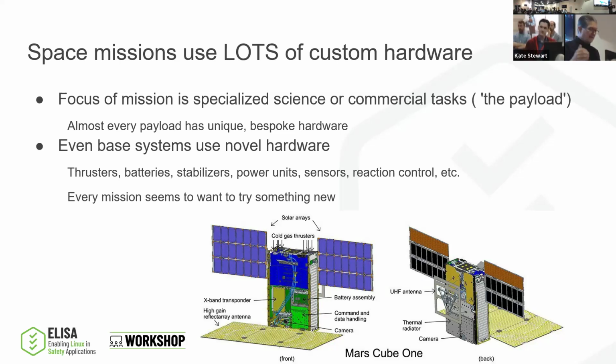Even for the base system, in technology demonstrations, you're trying to learn something new. Some thrusters went bad on a recent moon mission because they were trying a novel thruster approach. Every mission wants to try something new because your opportunities to go to space are so limited. Oh, by the way, that's MarCO CubeSat 1. That was a Linux mission.